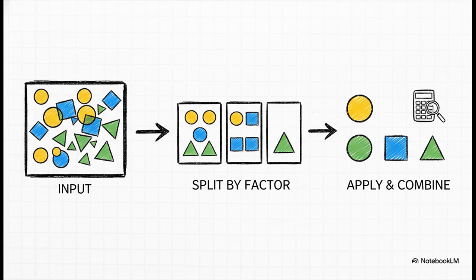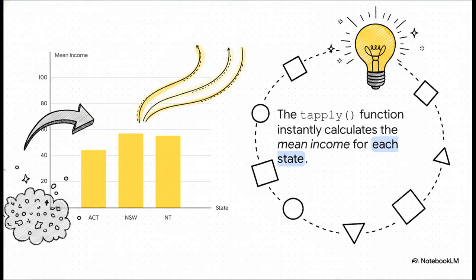For example, using a function called tapply, we can literally just tell R, hey, take the incomes, group them by states, and then calculate the average for each of those groups. And boom, there's the result. Instantly, R calculates the mean for each state and gives us back a clear, powerful insight. Just think about that. We've gone from raw, jumbled data to a summary in just a few logical steps. That's the core of what makes R so effective.